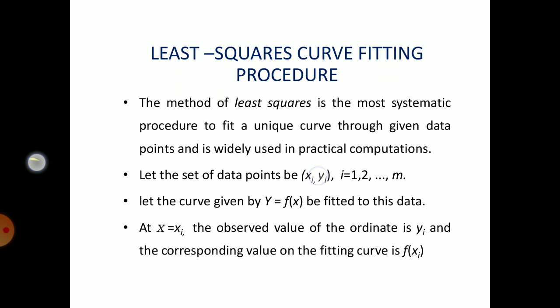That means for the points xi, yi, the values of x are x1, x2, x3, and so on up to xm, and the corresponding values of y are y1, y2, y3, and so on up to ym. The corresponding curve values are f of xi, that means y1 is equal to f of x1, y2 is equal to f of x2, y3 is equal to f of x3, and so on, ym is equal to f of xm.